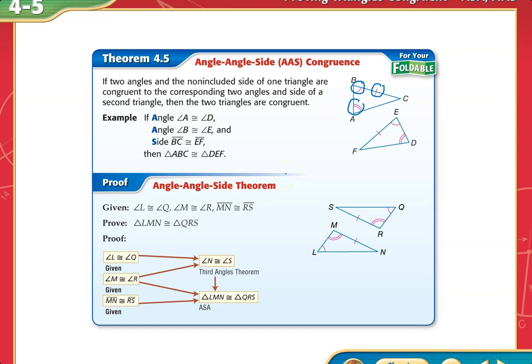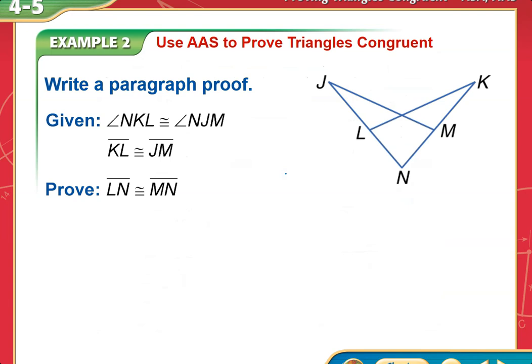So let's see what we can do with this. We're given that angle NKL, this angle up here, is congruent to angle NJM. So let's put a little line like that, the one single line showing congruent angles. We'll make it thicker so you can see it.